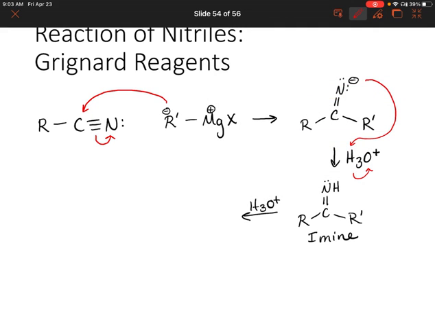So again, nitrogen can grab onto a hydrogen from that acid, and that will give us a positively charged nitrogen. Okay, so now that we have used these acid molecules, we do have water hanging around as well.